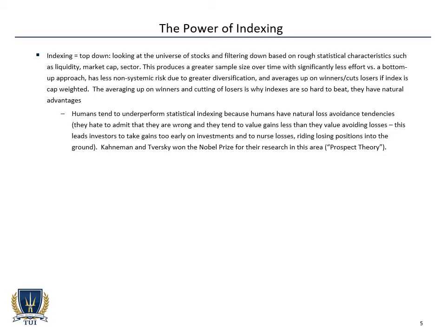And it has less non-systematic risk, which is the risk that's inherent in a company. Nike might be mismanaged, might have a lawsuit, they might go bankrupt next year. Probably won't happen, but it might happen. So the risk is if you put your whole portfolio in Nike, it might go under. But if you put your whole portfolio in 10 stocks, probably 9 of them will still be here in 10 years. One of them might go under.